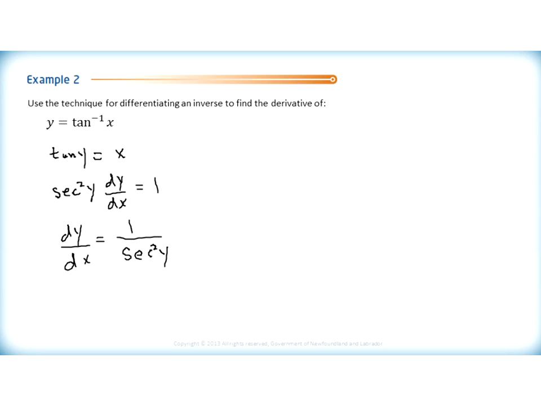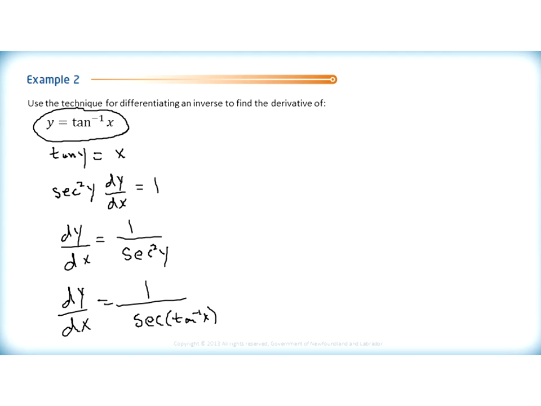So instead of secant squared y, I'm going to call it secant squared of the inverse tan function. So dy by dx now is equal to 1 over secant of inverse tan of x, and it's secant squared of that stuff, so all that squared. All right, so now we have to come up with a Pythagorean replacement for secant squared in terms of tan.